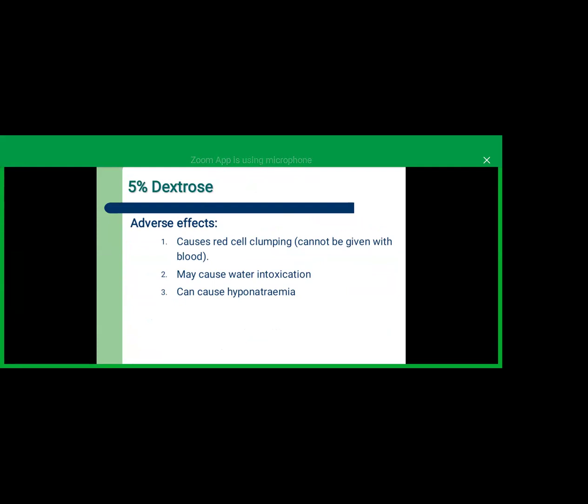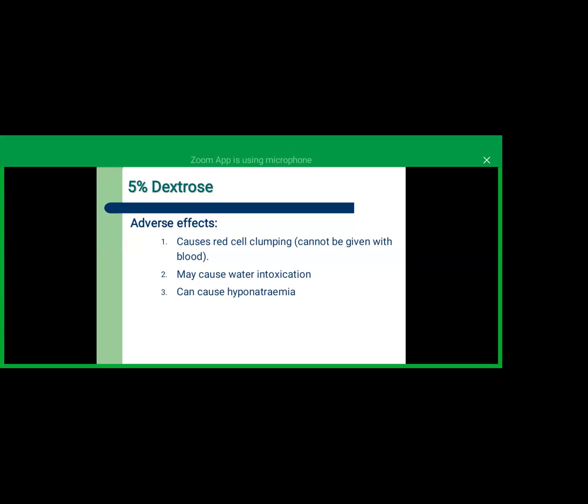But in an adult with mild dehydration, or in an adult that is not dehydrated, where I just want to maintain the IV fluid, you just want to give maintenance fluid, what we usually give is 1 liter of the IV fluid every 8 hours. 1 liter 8 hourly.